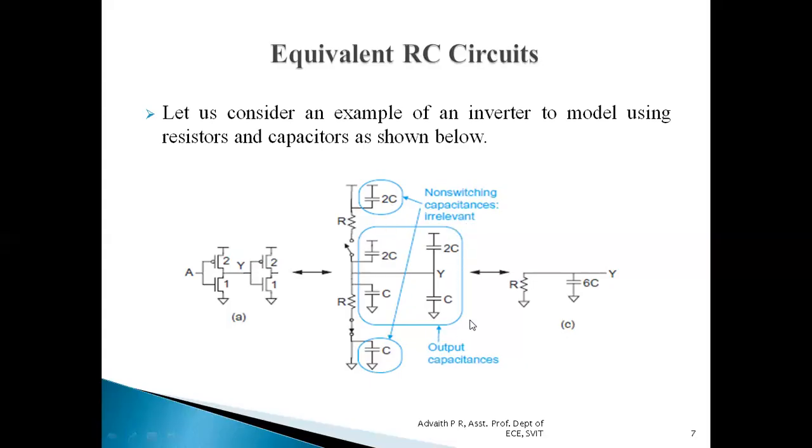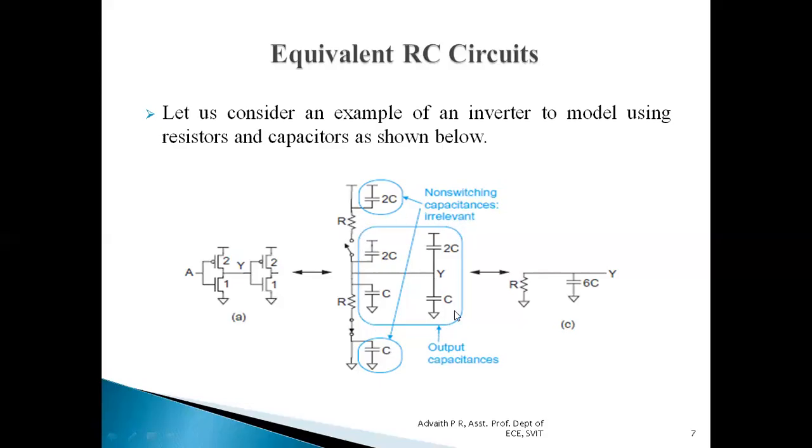And when we consider the other switching capacitances, there is a drain capacitance of PMOS here and drain capacitance of NMOS here. Drain regions are always switching. They switch from logic level 0 to logic level 1 and from logic level 1 to logic level 0 constantly. Similarly, because the output is connected to the gate inputs of the second PMOS and second NMOS, even these two capacitors are switching capacitors.